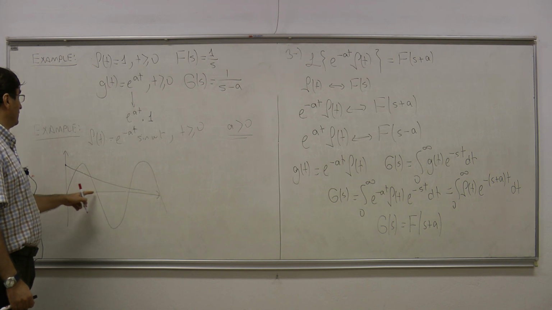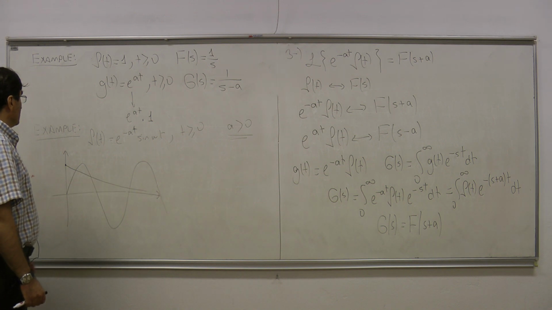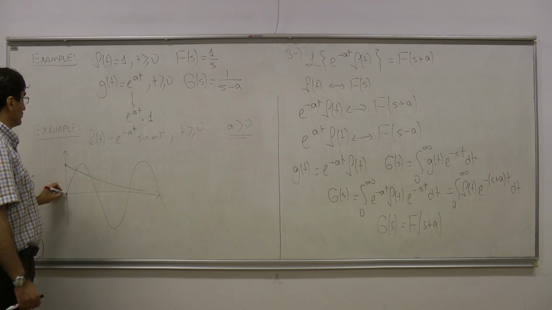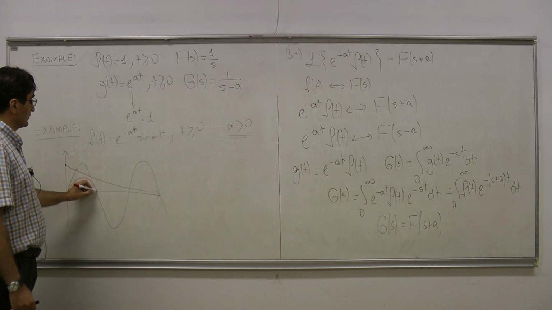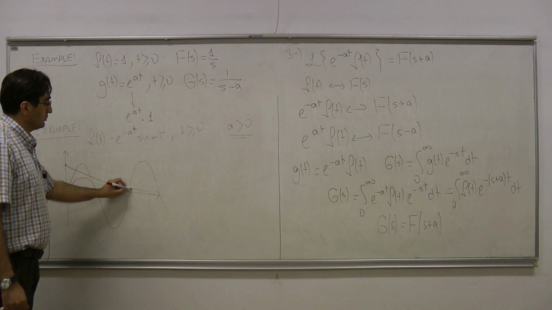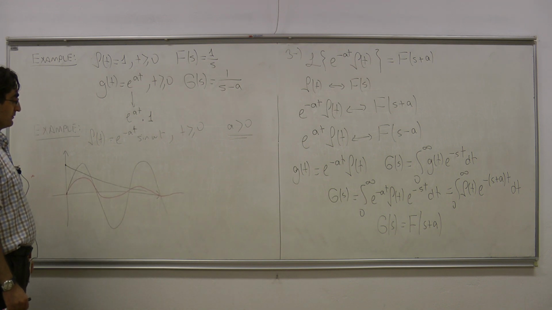Therefore, here I need to keep the 0 crossings of this function. So the multiplication is going to start from here, and then it's going to make something like this. It's going to be crossing like that, and I would have a decaying sinusoid like this.